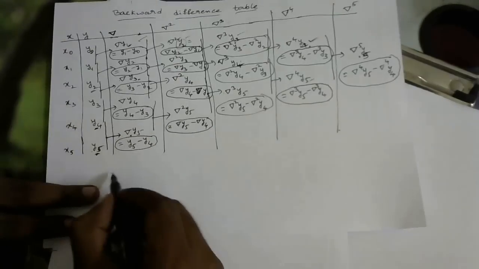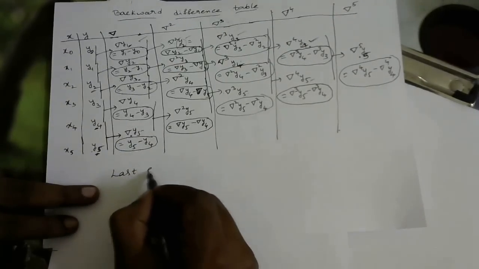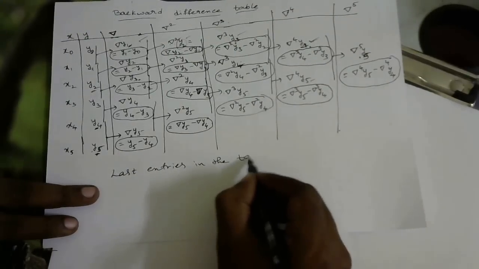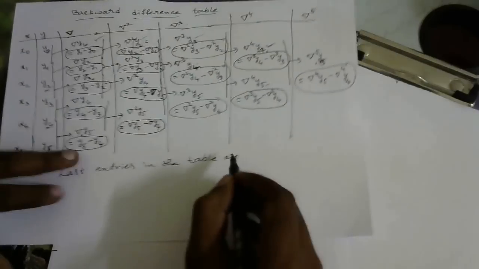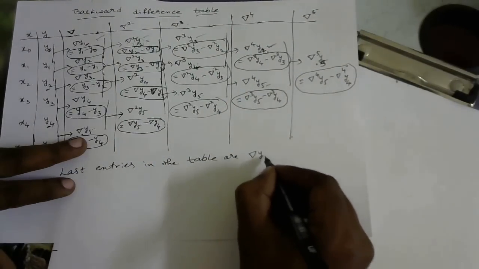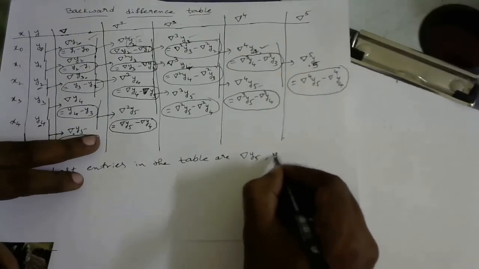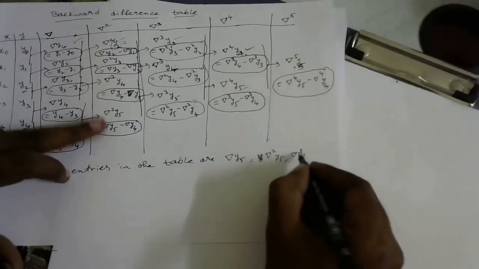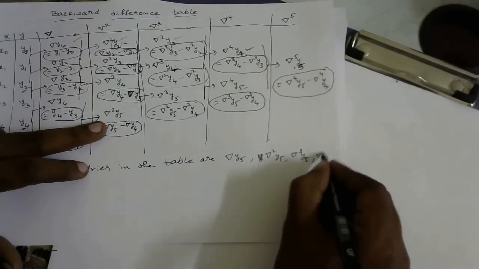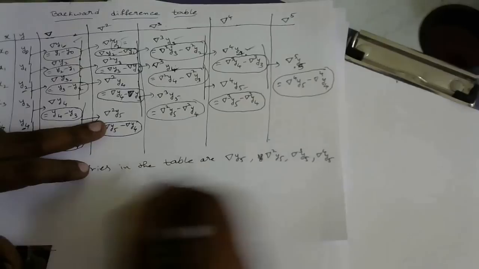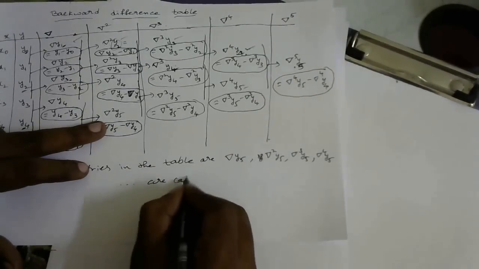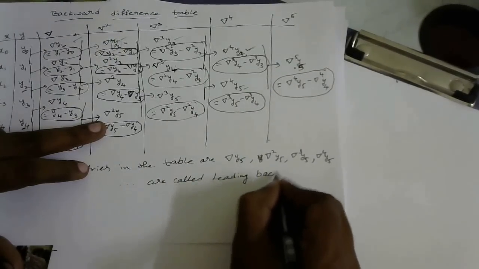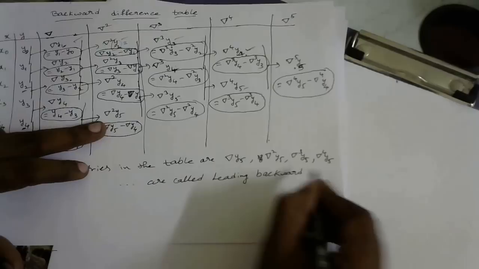So the last entries in the table, del y5, del square y5, del cube y5, del to the power of 4 y5 and so on, are called leading backward differences.